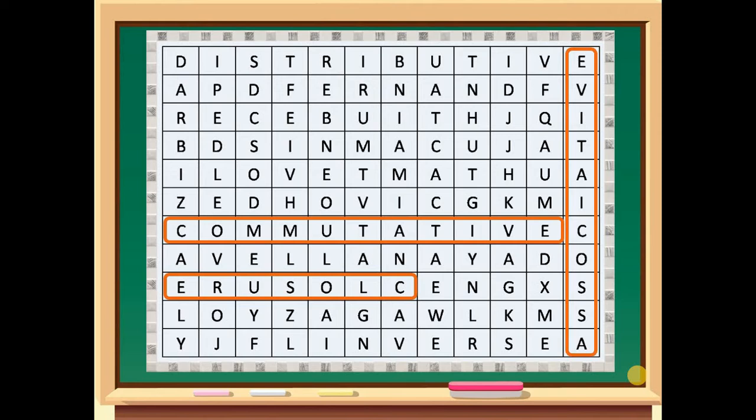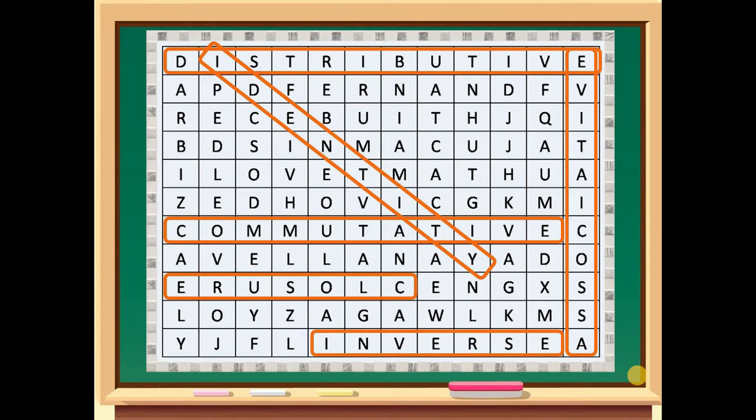Okay, and we have the associative. We have distributive. We have the identity. And the last one, we have inverse. Okay, so ano kaya yung mga words na yan?